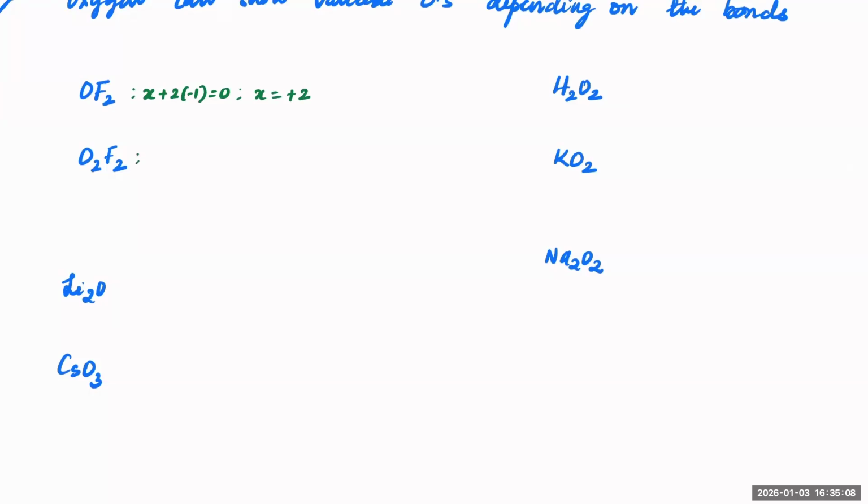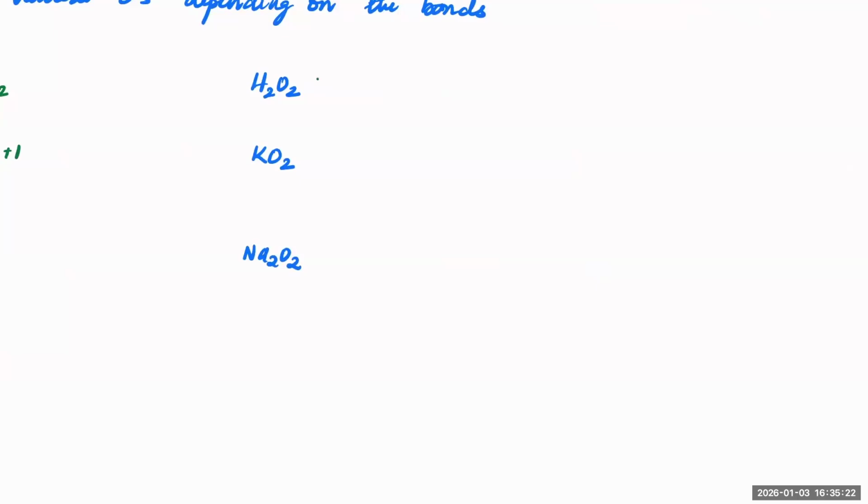While here, 2X plus 2 times minus 1 equals 0. That makes X equal to plus 1. While here, 2X plus 2 times plus 1 equals 0. So X is equal to minus 1.